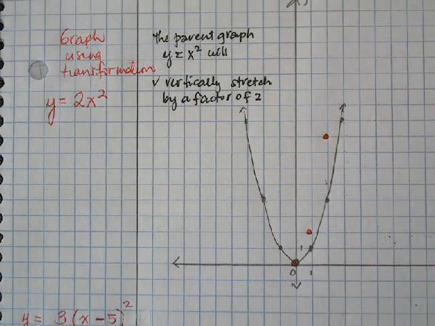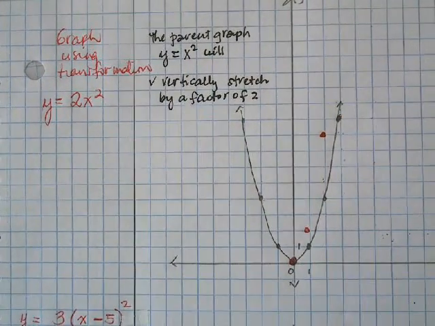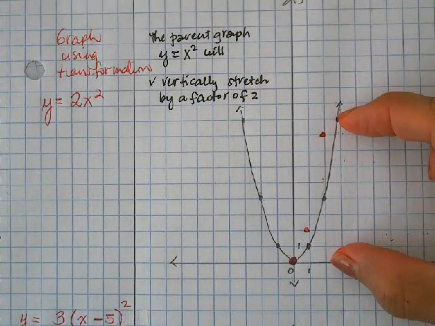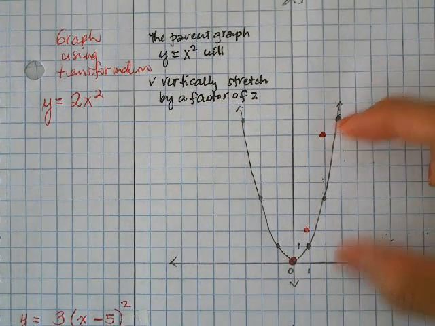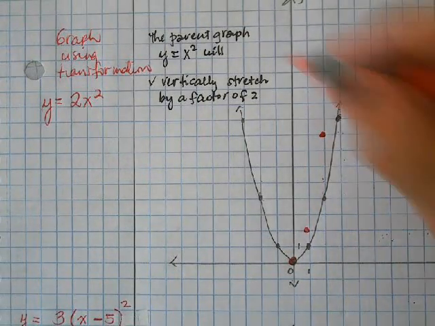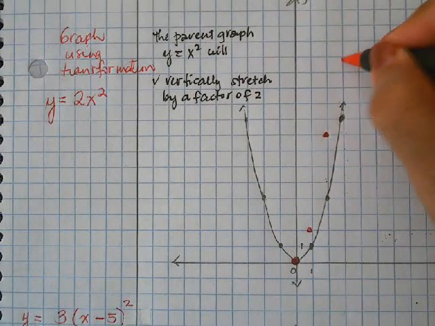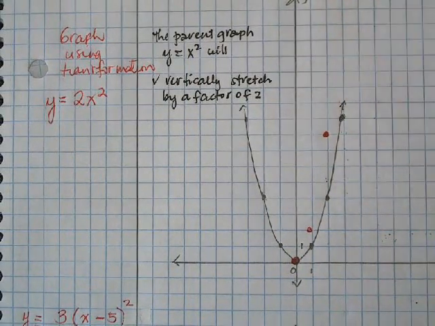Now this point, how are we going to stretch this by a factor of 2? We will see how far it is from the y-axis. We know that is 9. So we're going to count another 9 here. I hope we can make it. 1, 2, 3, 4, 5, 6, 7, 8. It's somewhere there.